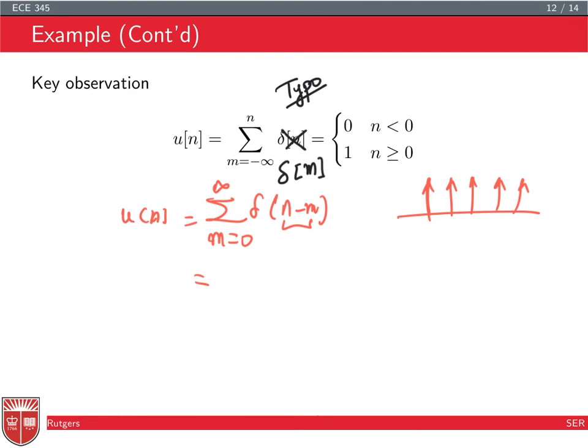I'm going to call this L, so m equal to 0 corresponds to L equal to n, and m equal to infinity corresponds to L equal to minus infinity.